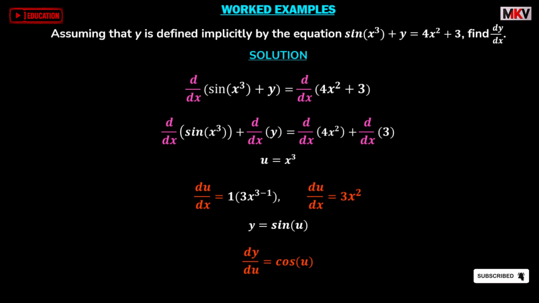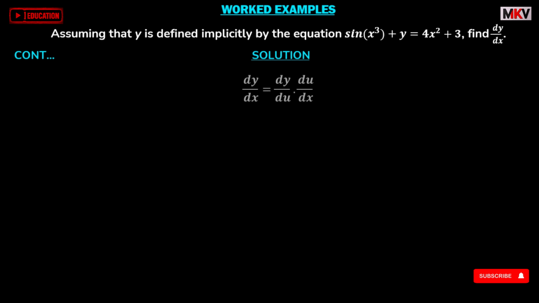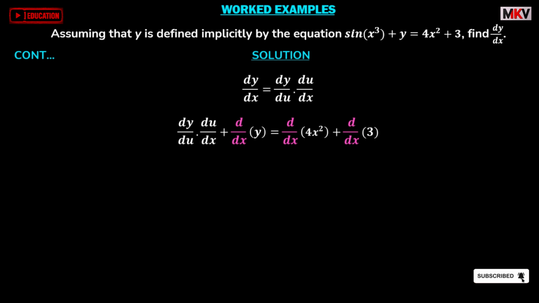After the differentiation, we put the separate derivatives together using the chain rule equation. We know that dy/dx is equal to dy/du times du/dx. So we bring the chain rule to replace this part of the equation: dy/du times du/dx, plus the derivative of y, the derivative of 4x squared, then the derivative of 3.